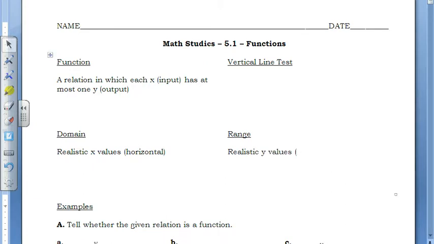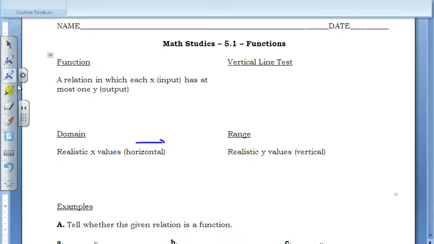And again, y is the vertical axis that goes up and down. So it might be helpful if you have trouble remembering that x is the side-to-side axis and y is the up and down axis. So if you're given a graph and you can see the values along the x-axis, those values are called the domain, and the values along the y-axis, those values are called the range.